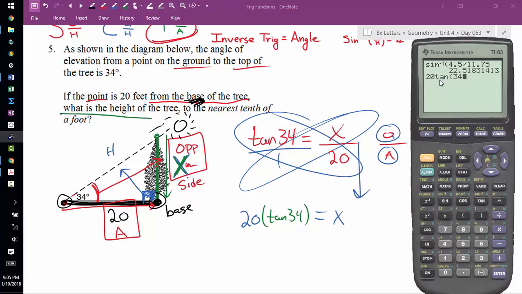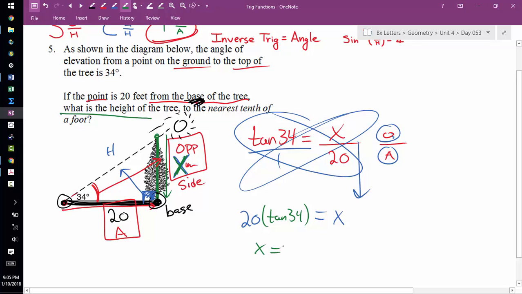When those numbers are joined together like that, it's implied that it's multiplication, and I can see it's 13.490. Just to show you, I can do 20 times tangent 34, and I could do 20 parentheses the tangent 34. And it's all going to give me the same 13.490.